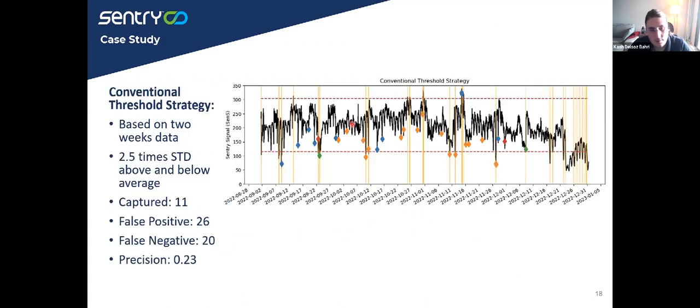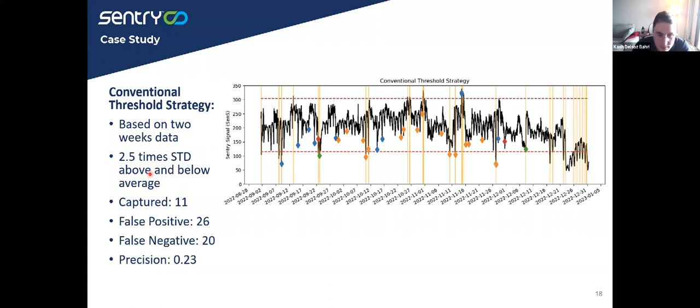So for our conventional threshold strategy, we take the first 2 weeks of data, calculate the average and the standard deviation of the data during that period, and set the threshold 2.5 times the standard deviation above and below the average.